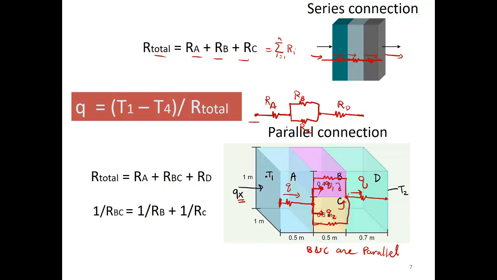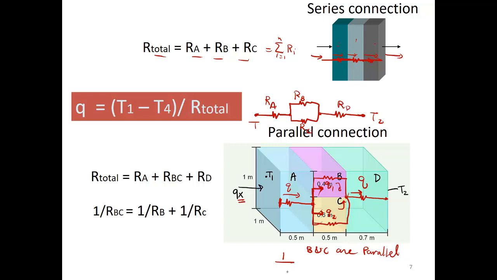That's T1 and T2. So if you want, this will be, for example, A, here you have B and C and D. So it's very similar, except now we have B and C, those two, they are in parallel, and we apply the concept of parallel resistances.